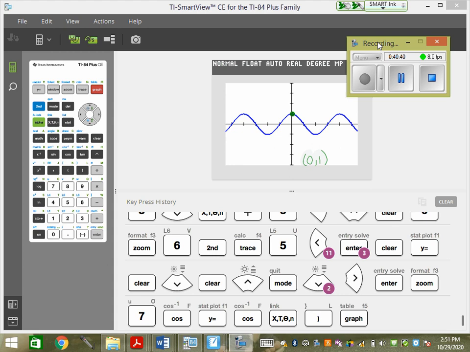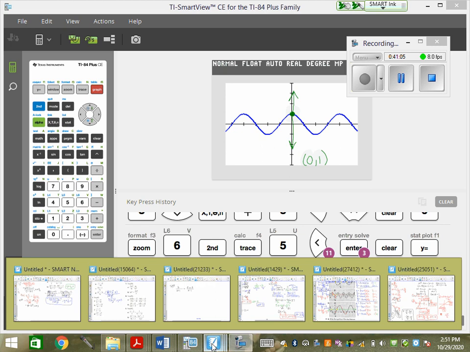But if I move it up at all, does it still make my maximum stay on it? Yep. If I move it down, does it make my maximum stay on it? Yeah. The only way I can get maximum off on a positive cosine is if I horizontally shift it. That's it. If I horizontally shift my positive cosine graph, that's the only way I can get the maximum off of the y-axis. Okay? So, we're going to do all positive cosine C values right now.